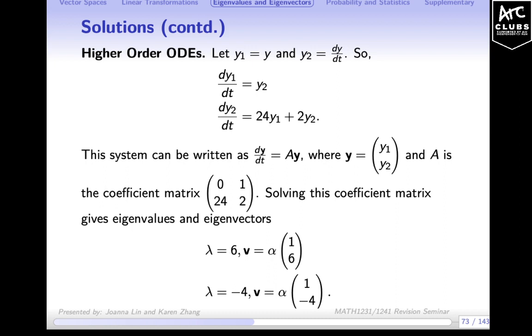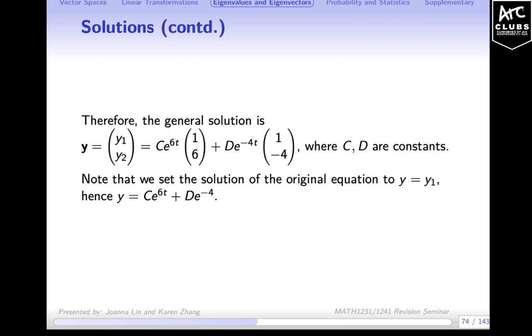So when we want to find the solution, which is just y itself, we're looking at the first component of our vector, y1, which is c e to the power of 6t plus d e to the power of negative 4t. Should be a t here, sorry about that. Once you get up to this step, you've essentially answered your question.